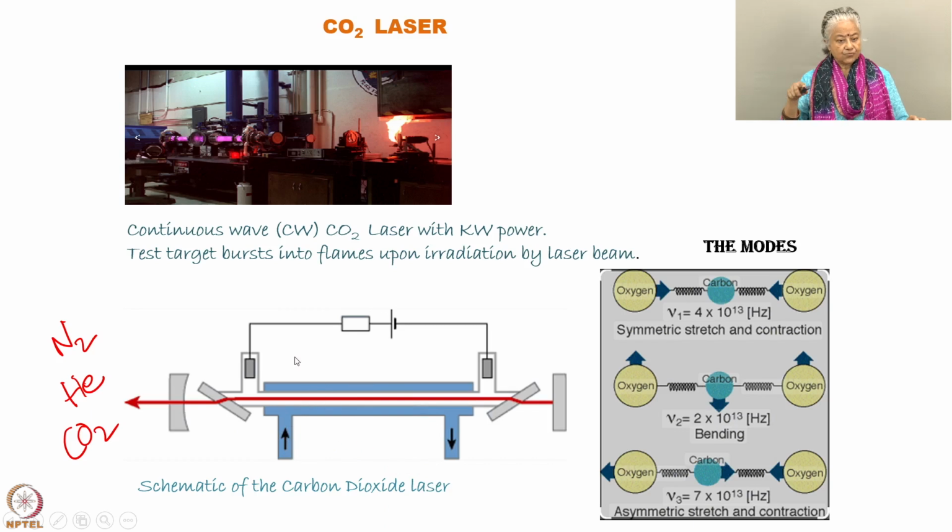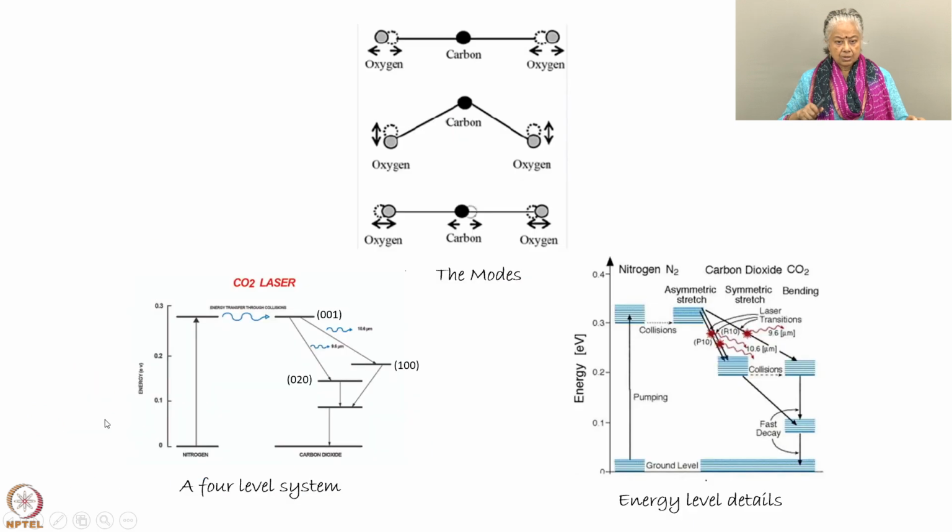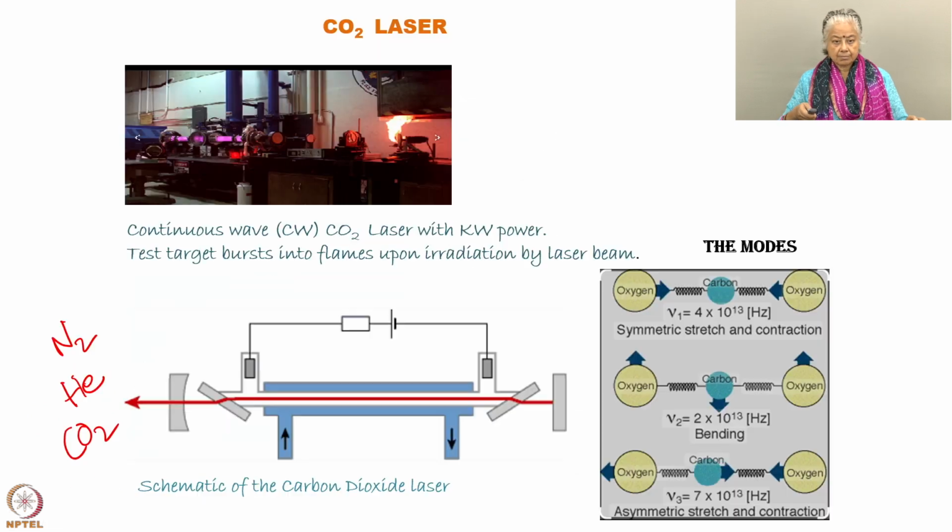There is flowing water, and then you have some inputs, maybe through this or some other inlet, where you put in helium, nitrogen and CO2. It is a continuous flow of nitrogen, helium and CO2.